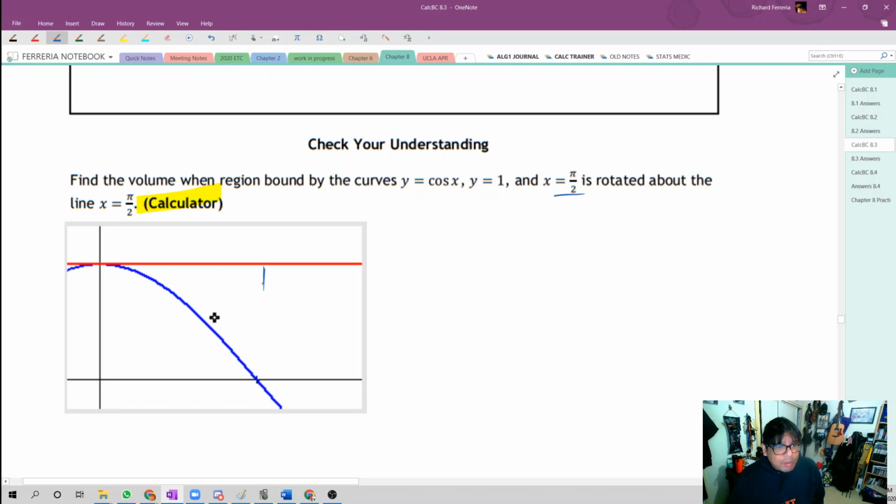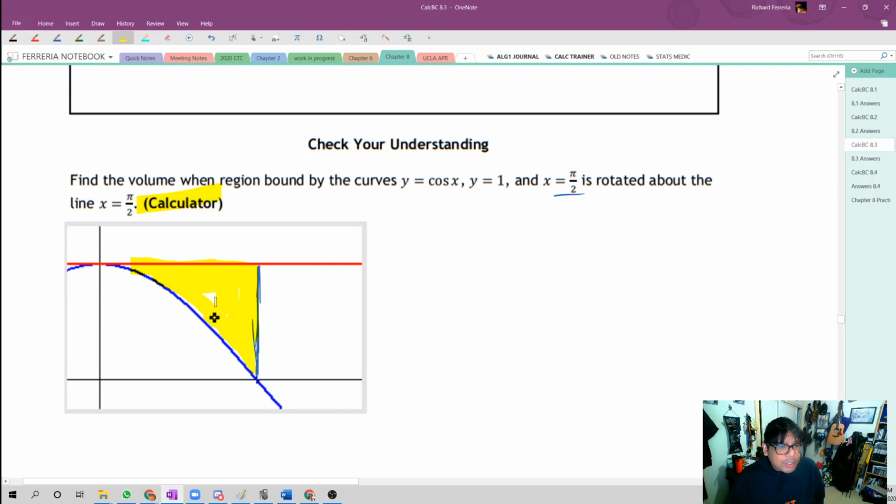That was the main reason I went to the trig zoom, because I needed to figure out where pi over 2 is. I probably could have estimated that using the graph, but some students are not as great with the trig as they could be, so that might help you a little bit.